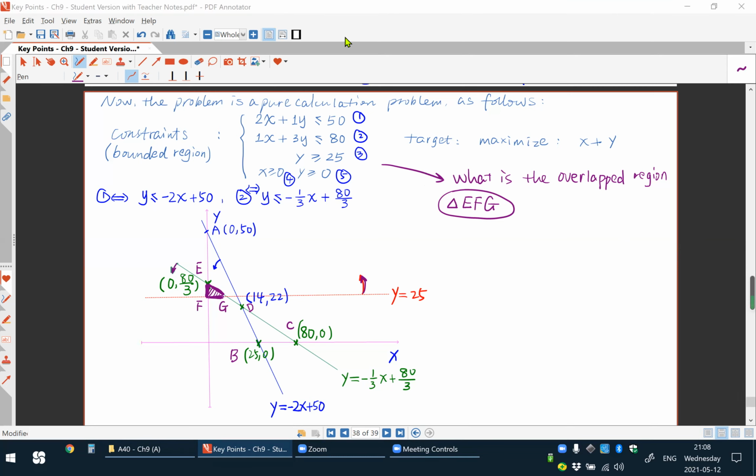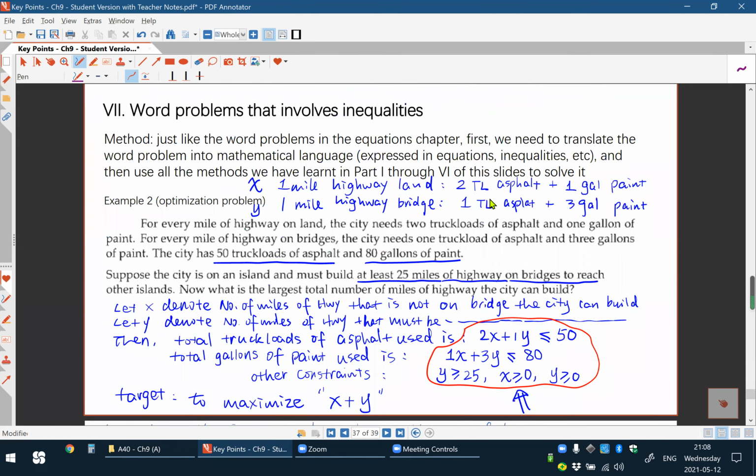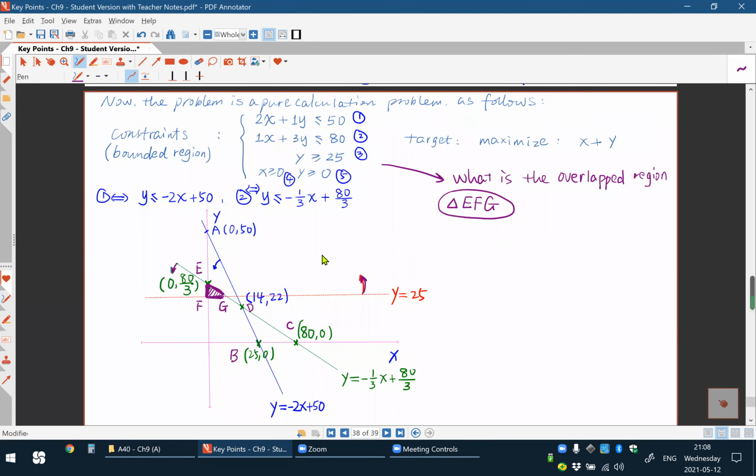Okay, you understand? Okay. So that means all the 5 inequalities correspond to the area EFG, right? Remember that the takeaway is the maximum or minimum value can only be achieved at the vertex of the boundary, right? So we only need to consider the x plus y value at point E or point F or point G, okay?